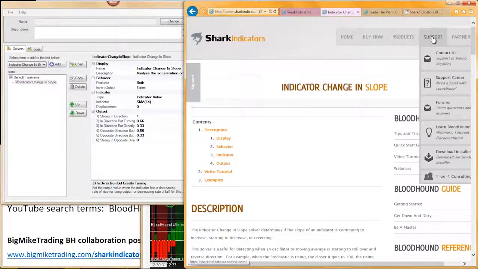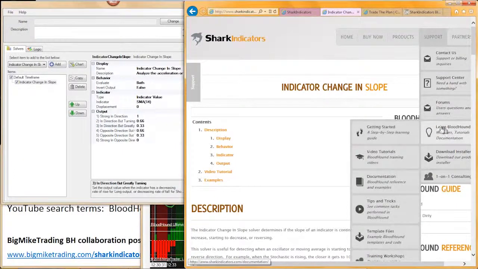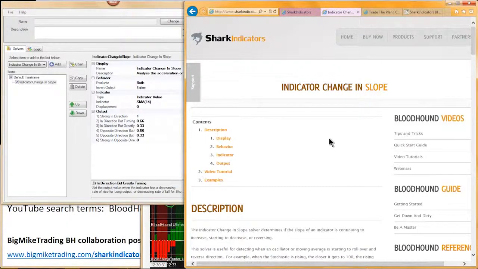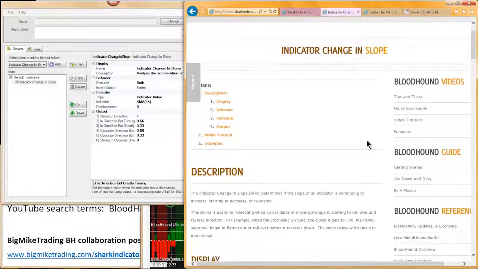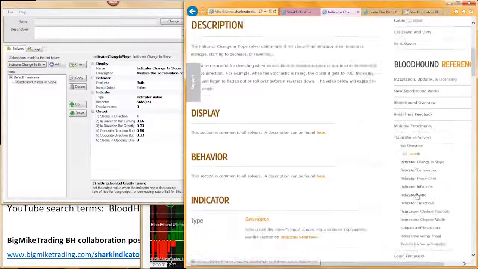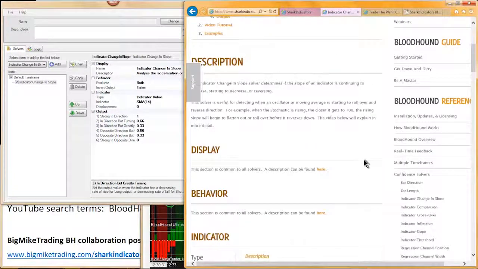Just hover over support, then go down to learn Bloodhound, and click on learn Bloodhound, and that'll bring up a different page than what you see here. But the important thing is it gets you to this right side menu. On this menu on the right, you just scroll down, and you can see a list of solvers here, and then just click on the indicator change in slope solver.